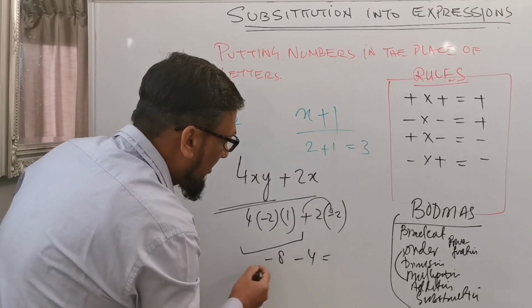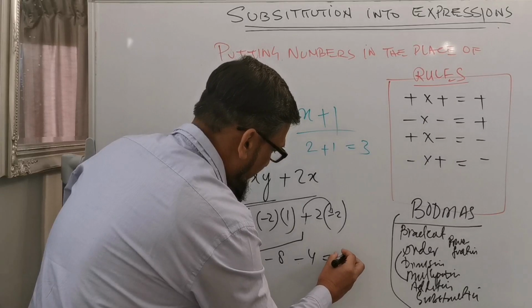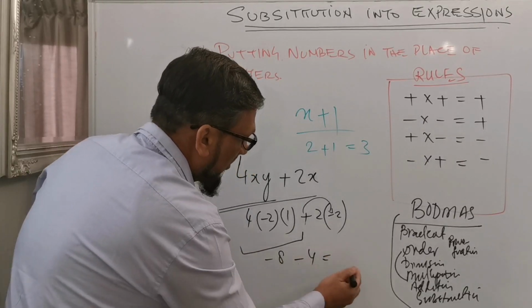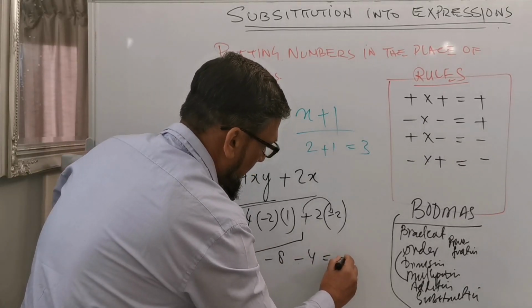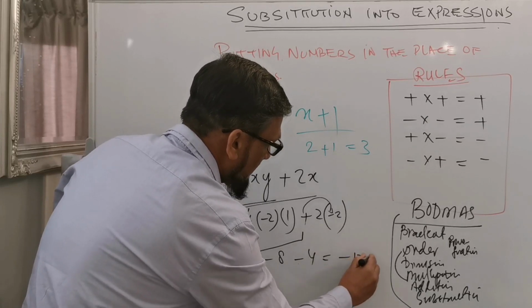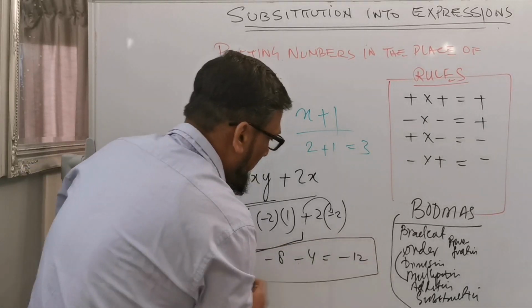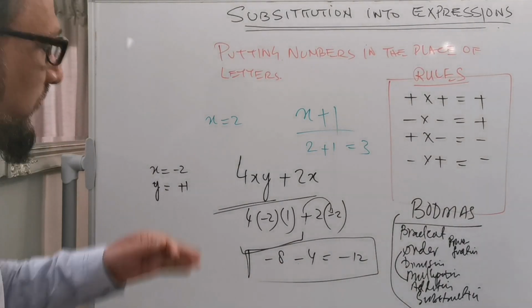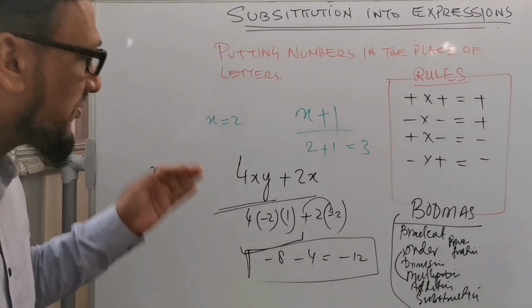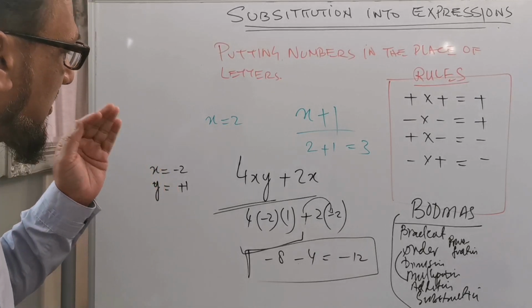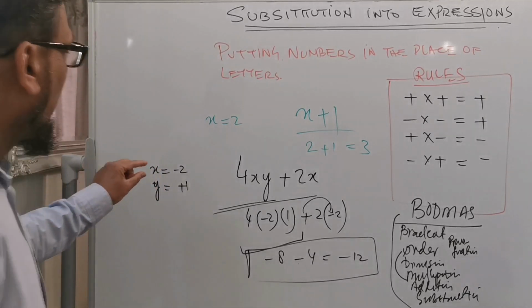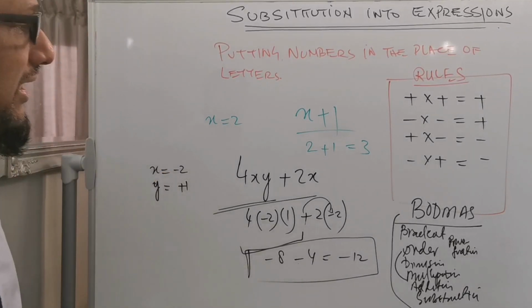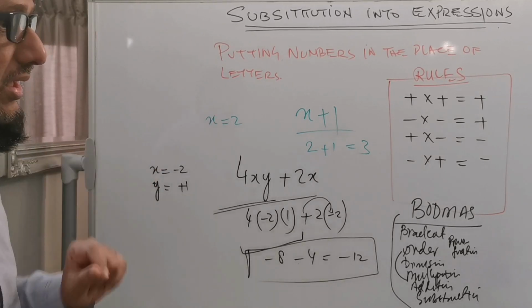So your final answer will be what? 8 plus 4 is 12, and the sign will be minus. So before substituting, keep in mind the positive and negative values which are given in a question.